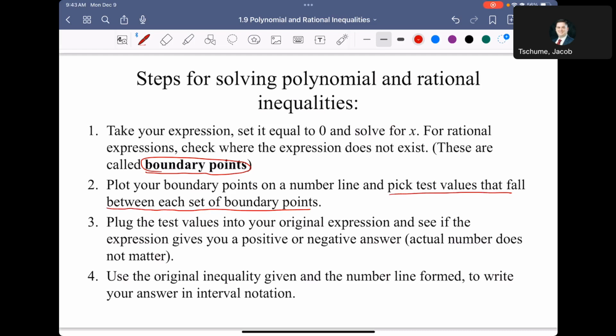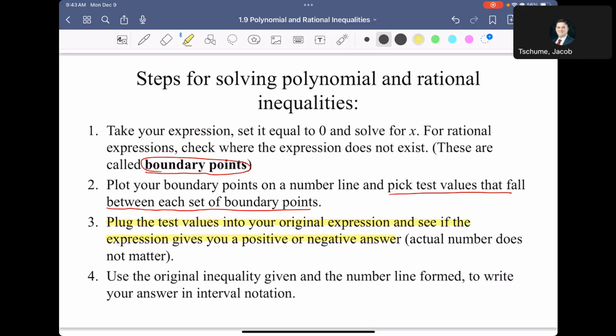Here's where your calculator will play a big role in this problem. You need to take the test values. I'm going to highlight this part. You're going to plug the test values into your original expression, and you are going to see if it gives you a positive or negative answer. The good news on step 3 is that the actual value does not matter.